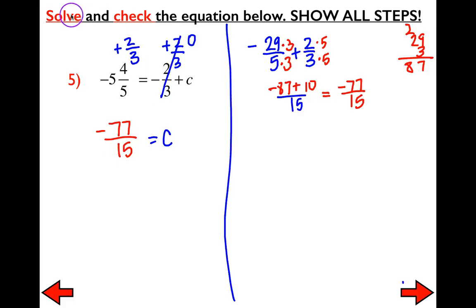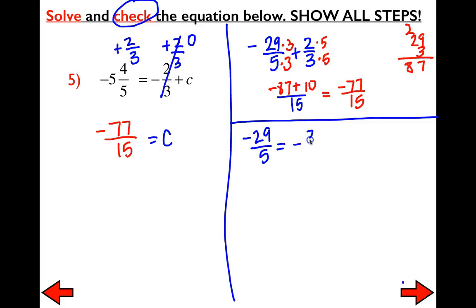But again, not only do you have to solve, you also need to check your answer. So I'm going to go ahead and check my answer real quick. Now here, I'm just going to turn negative 5 and 4/5 into an improper fraction, which is negative 29/5 equals negative 2/3 plus, instead of C, I'm going to write down my negative 77/15.